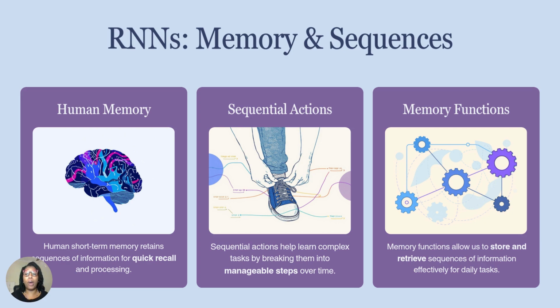It keeps track of prior context so it can make smarter predictions. Sequential actions help learn a complex task by breaking it into manageable steps. That's what the network does. It pays attention to what happened previously and learns what's happening and continues to take it throughout the network and store that and retrieve it at the appropriate time.